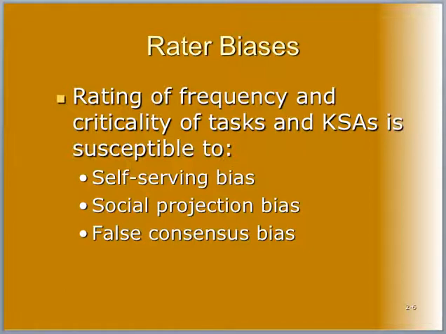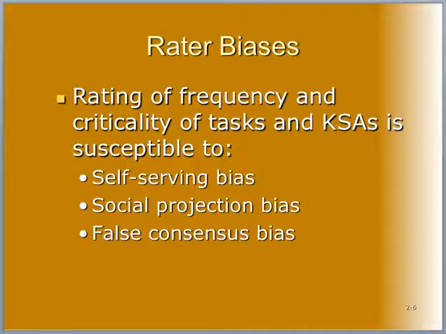False consensus bias is when employees feel that others around them, other employees or managers, or those asking the questions, those designing the performance management system, feel the same way as they do.